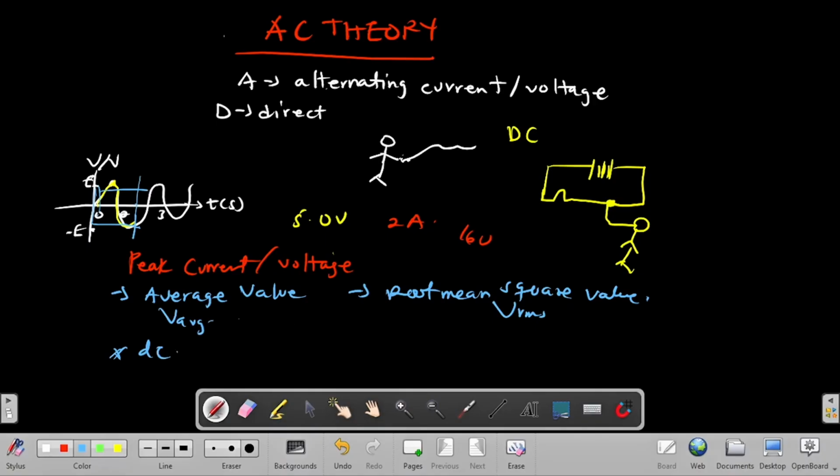So it describes the amount of heat that will be dissipated across a particular resistance, the same as the AC we are going to calculate for.